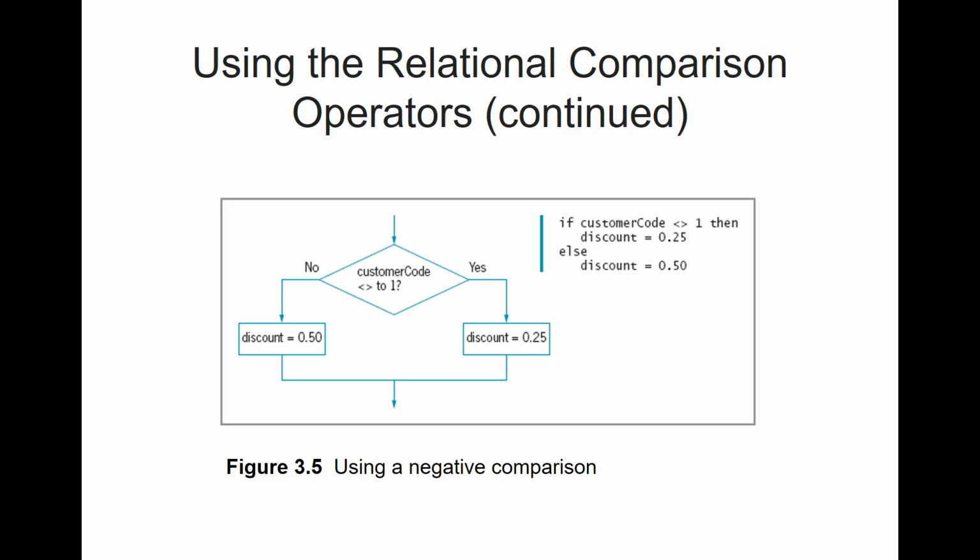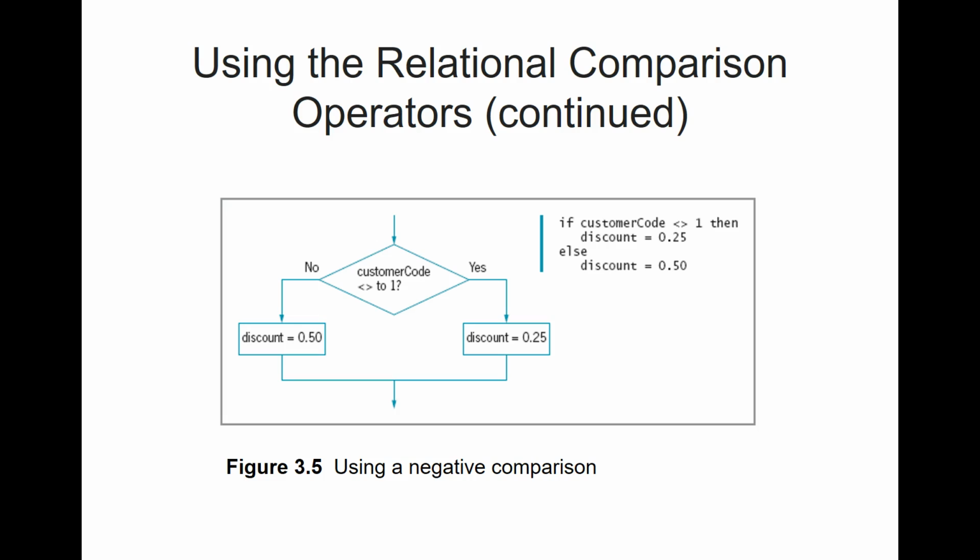That customer code, we want to see, in this particular case, a customer code of 1 would give us a value, and anything else gives us another value. So if it's not equal to 1, they get a 0.25 discount. So anything else other than 1, they get that 0.25. So that's one way to write it.